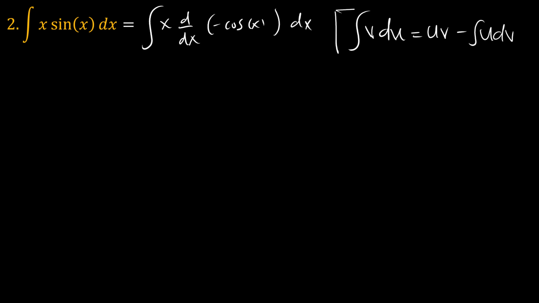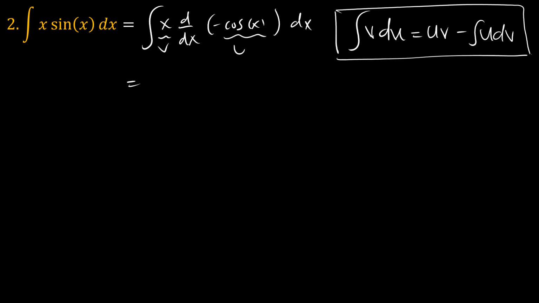So this being our formula for integration by parts, we see that this here is our v and this here is our capital U. So our uv is going to be x cosine x plus the integral of negative cosine x, and that's why this negative and this negative interact.